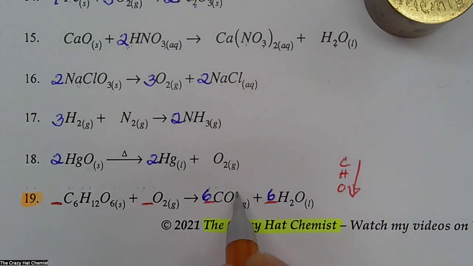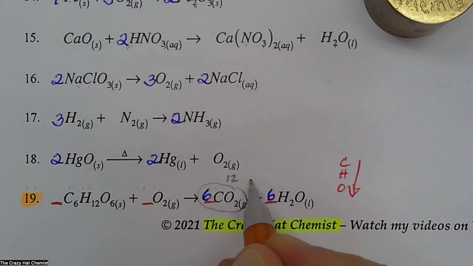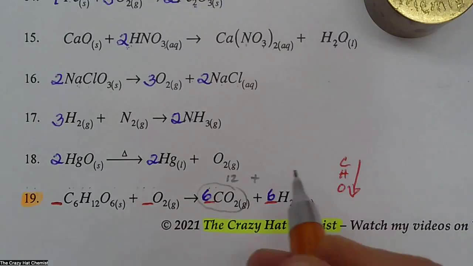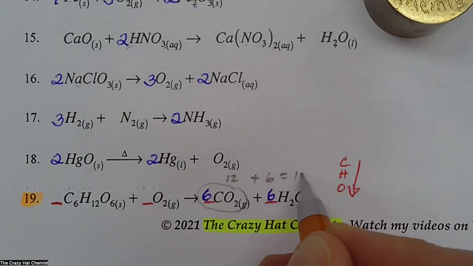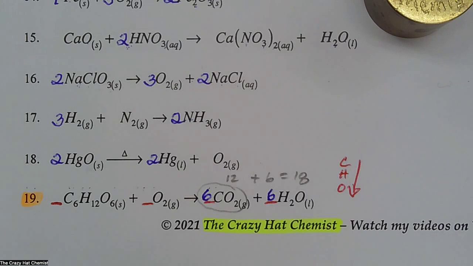Okay, I'm going to count up the number of oxygens right here. That's 6 times 2, that's 12. Plus 6 times 1 oxygen, that would be 6. That's a total of 18. Okay. And this time I have oxygens right here in this formula.